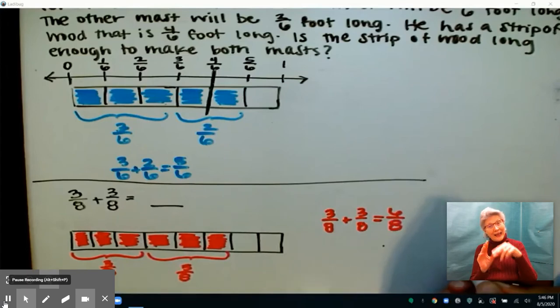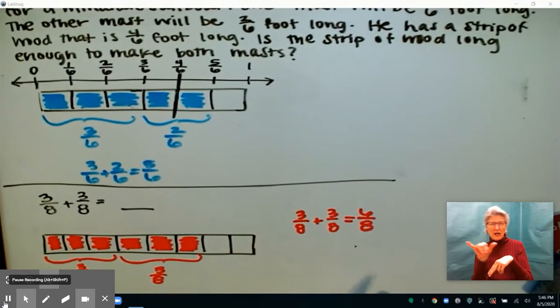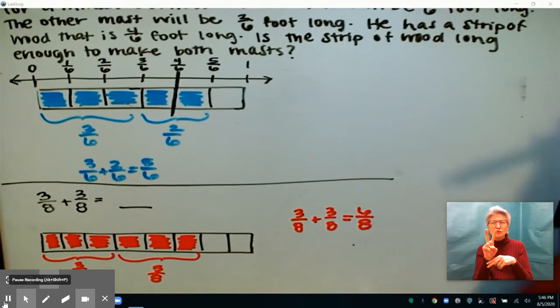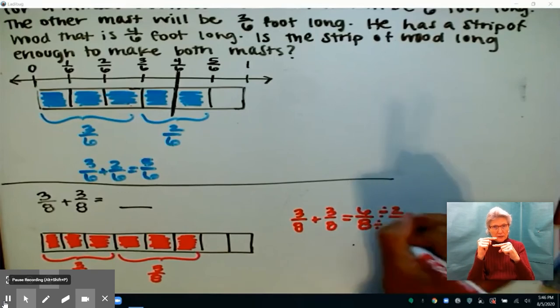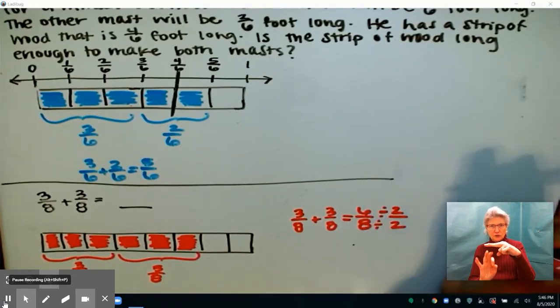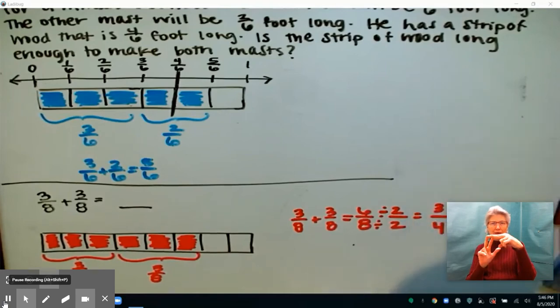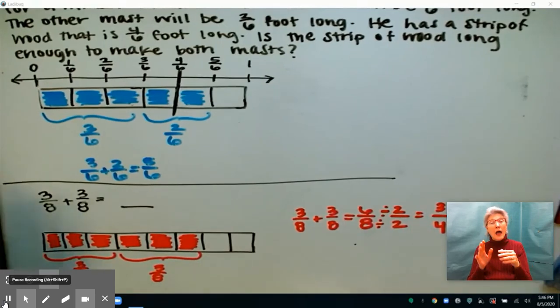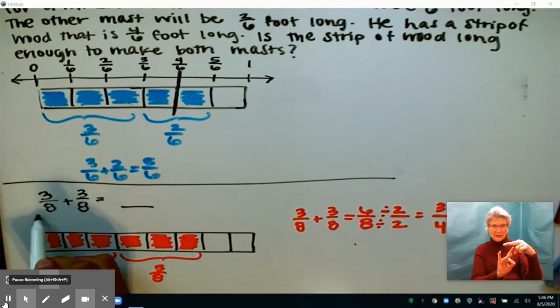And you might be thinking that 6 and 8 have a common factor, which is 2, and you are absolutely correct if you're thinking that. So I can simplify this fraction by dividing by 2 to get 3/4. I could even prove that 3/4 is equivalent to 6/8 by drawing a quick sketch.